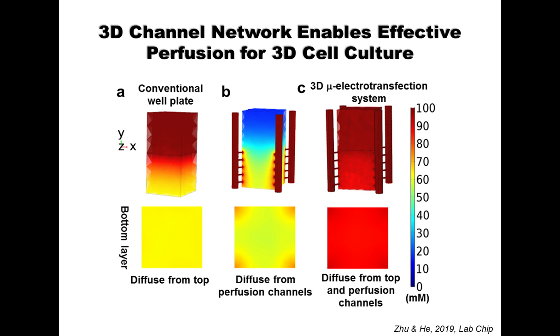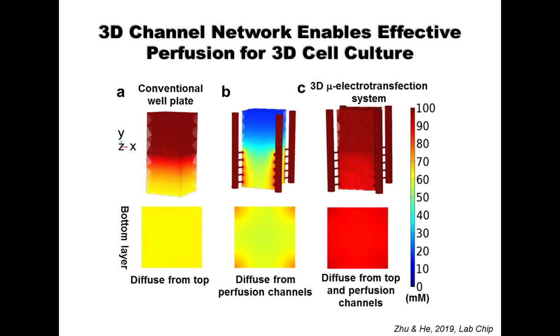And this three-dimensional arrangement of the channel network, as we illustrated by this COMSOL simulation, provides better perfusion performance, which can provide very efficient supply of nutrients, waste exchange, and also media exchange, which allows the cells to grow much better.